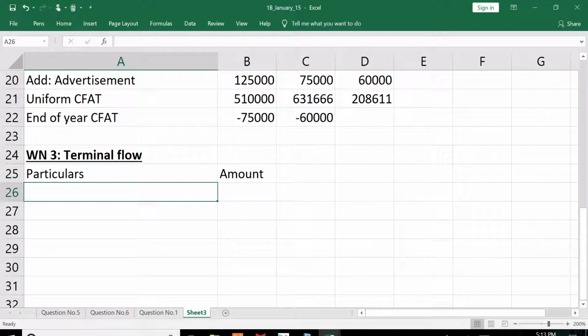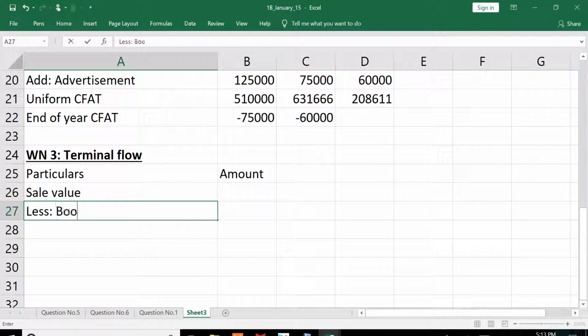Let's write sale value less book value, gain or loss. First let's capture sale, either it's a gain or loss, we'll capture accordingly. Sale value less book value.